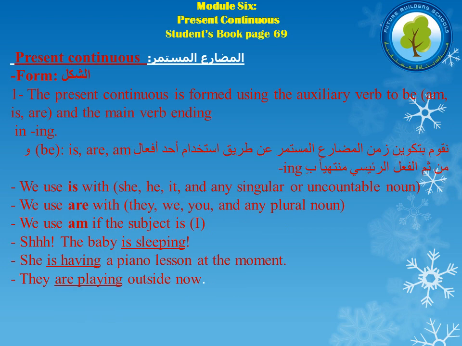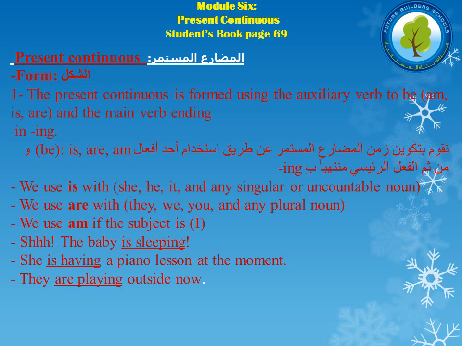Present continuous المضارع المستمر. This is from your Action Pack student book, page 69, module 6. We are going to start with the form. So, the form of the present continuous.